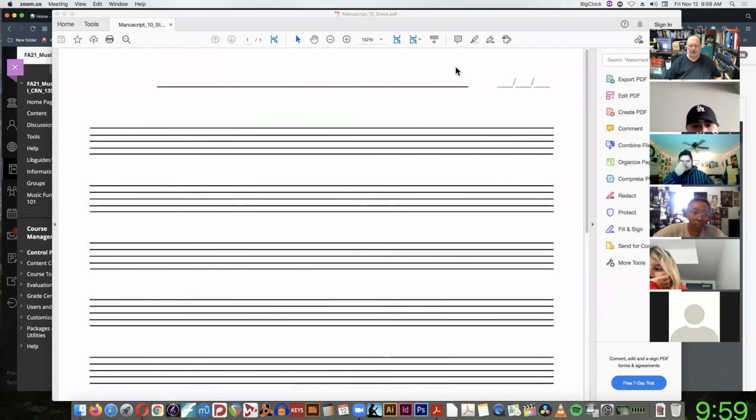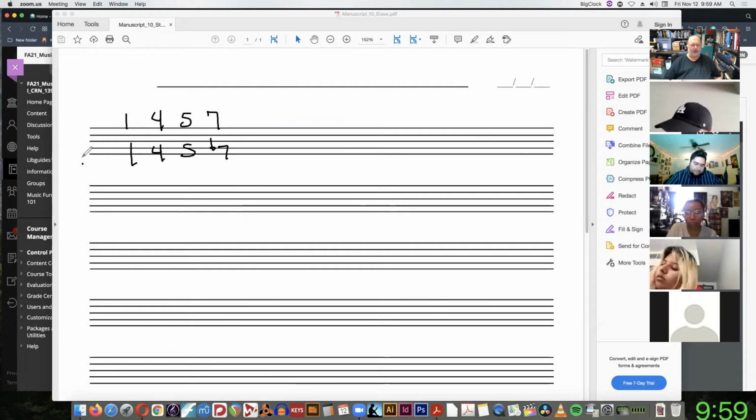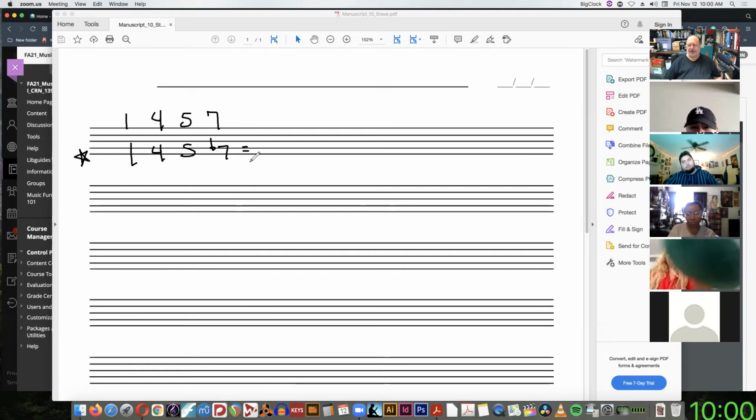Right, let's talk about 4. 1, 4, 5, 7. Here we go with the same routine. 1, 4, 5, flat 7. That one is a very popular chord in music these days. First chord, Beatles, Hard Day's Night.